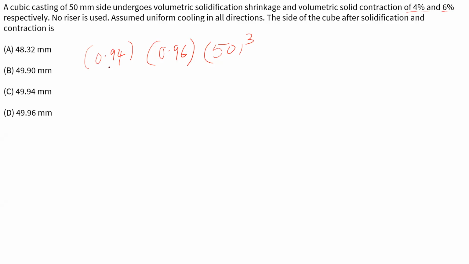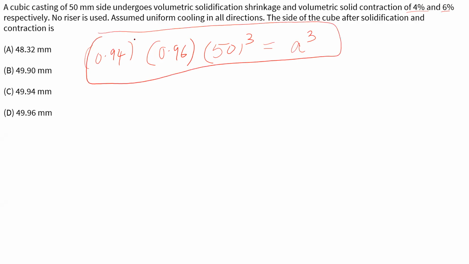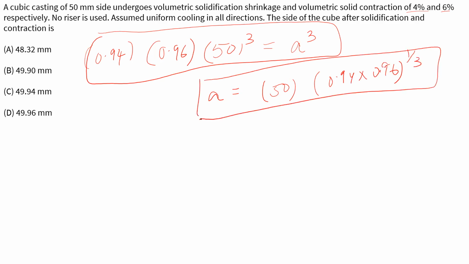If I assume the side of the new cube as a, this will be the volume of the new cube. Taking cube roots on both sides, a will be 50 into (0.94 into 0.96) to the power 1 by 3. This will give you the side of the cube in mm, and after solving you will get 48.32 mm as your answer.